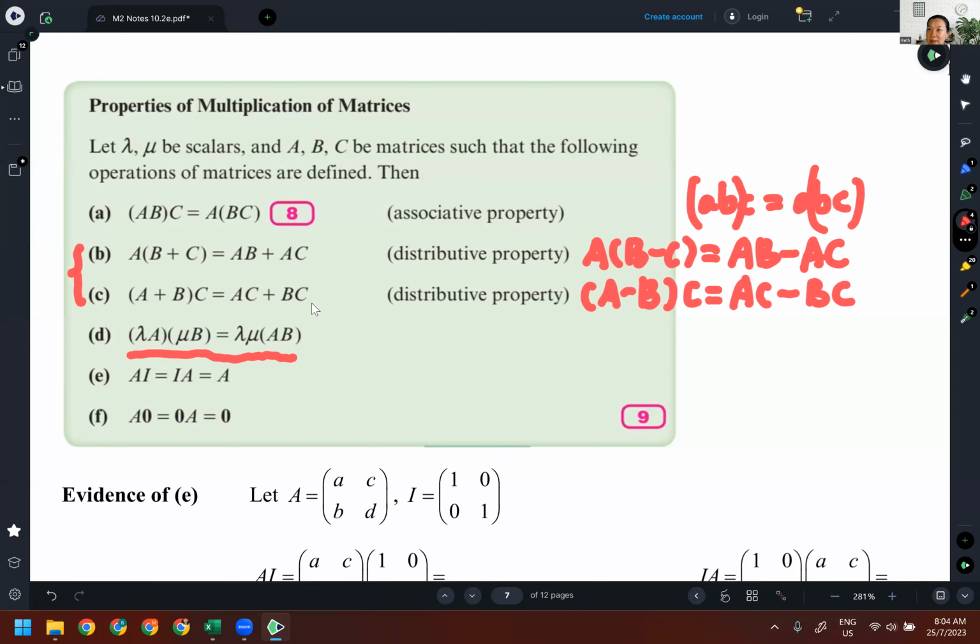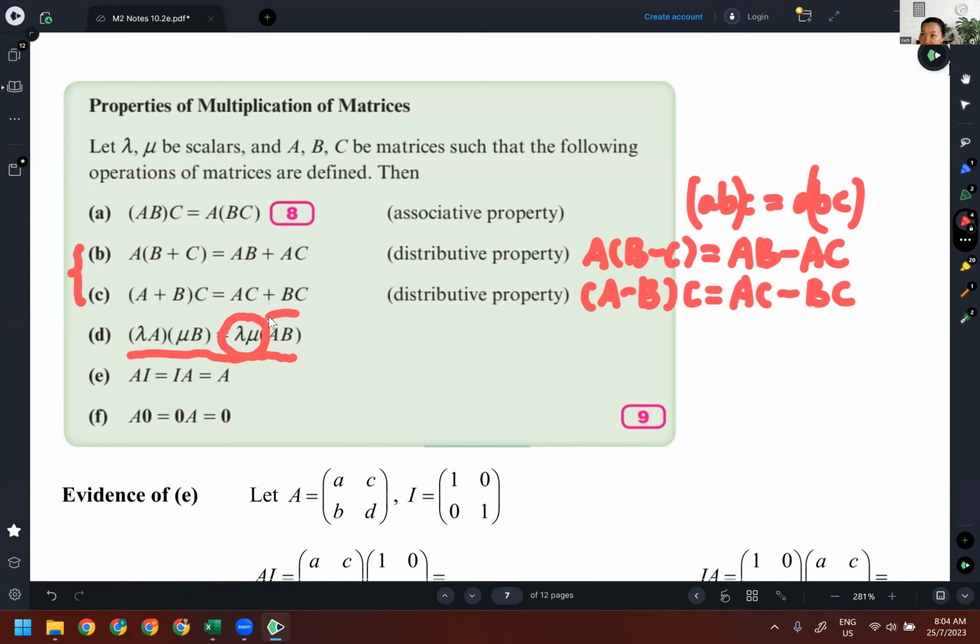The fourth one is a mixture of scalar multiplication and matrix multiplication. That means that if you have some coefficients, you can put them out and do the coefficient multiplication first. This is a simple multiplication with numbers, scalar multiplication. And then instead of doing the matrix multiplication last, you do it first.